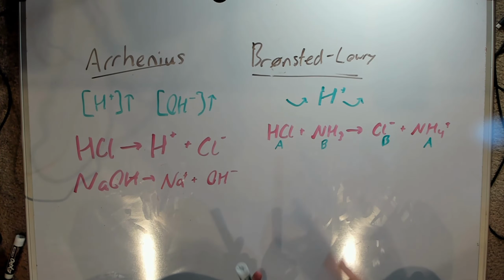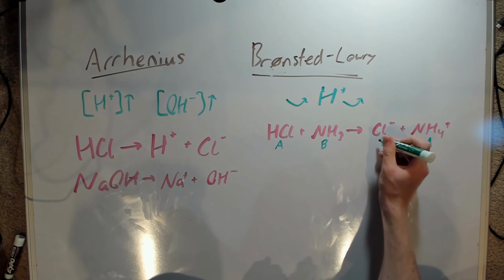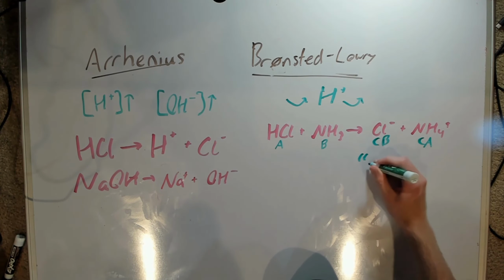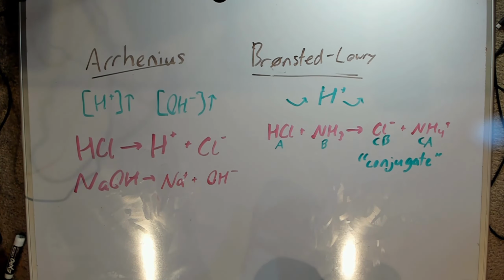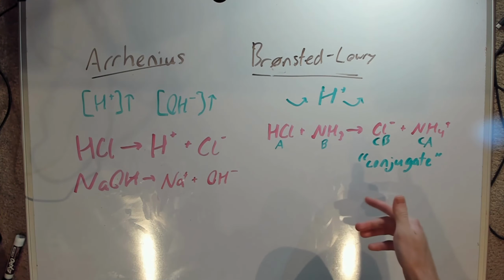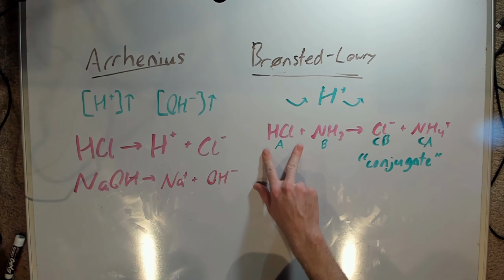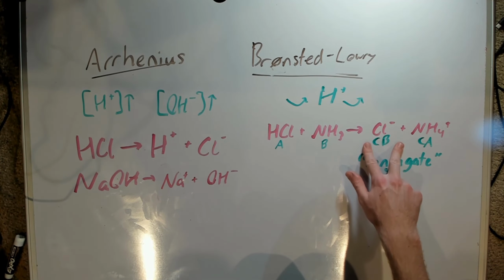So because now we're talking about it in terms of HCl and NH3, you would have a conjugate base and a conjugate acid. So that word there, conjugate. And the thing is, the conjugates for these things will always stay constant, which means the conjugate of hydrochloric acid will always be a chloride ion. So you'll have an acid form a conjugate base.